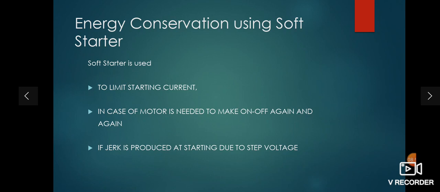The soft starter's function is to limit the starting current, and basically it is employed where the motor needs to be switched on and off again and again, and where a jerk is introduced at the time of starting due to the step voltage. So it is better to use the soft starter instead of the mechanical starter.